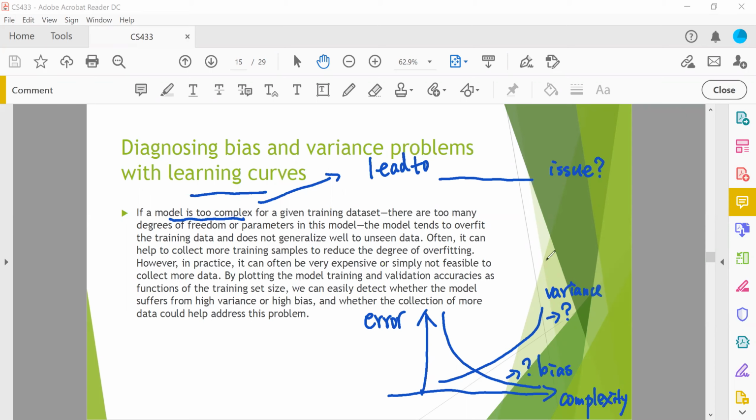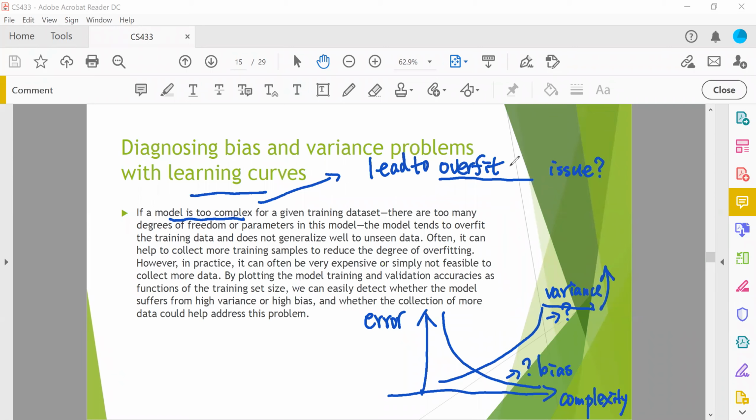If the model is too complex, it will lead to high variance. Variance is going to increase. With the increase of variance, what will it lead to? It will lead to overfit.